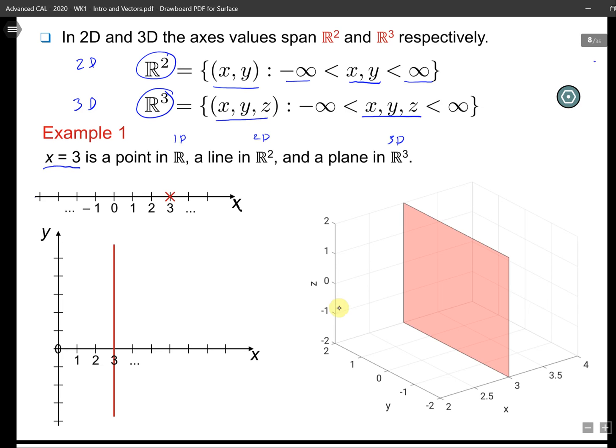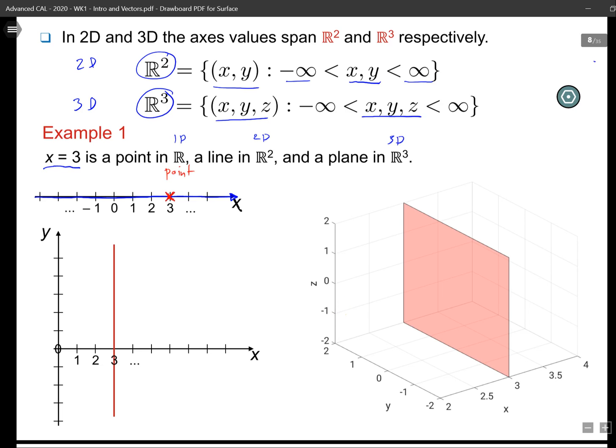So here we have this x-axis, all the way here. And then we know that this is x equals 3, and the location is right here, x equals 3. So here we can see that with this information, we get a point in 1D. So we get one single point in 1D.